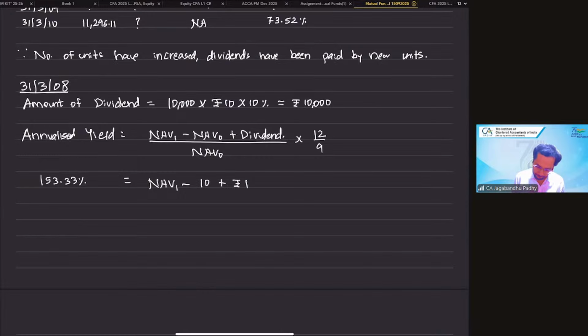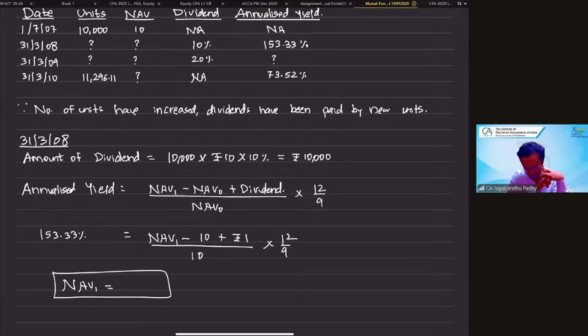Yes, so 1 rupee is the dividend, upon NAV at the start, which was 10, into 12 by 9. So can you just solve this and give me the value of NAV 1, the NAV as on the end of the year?